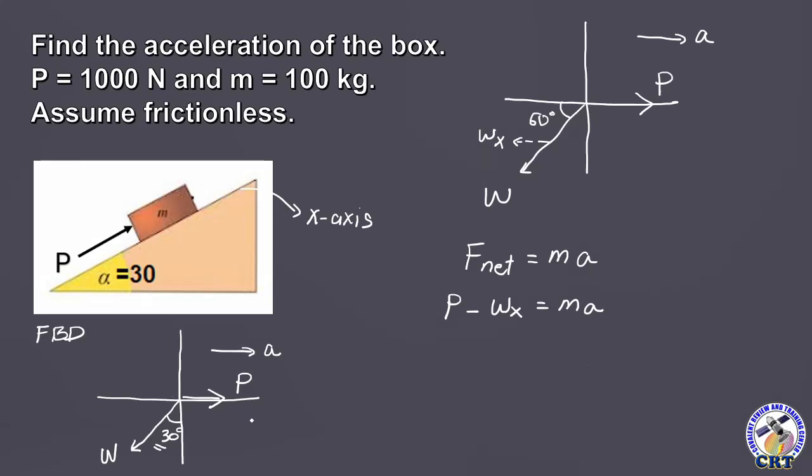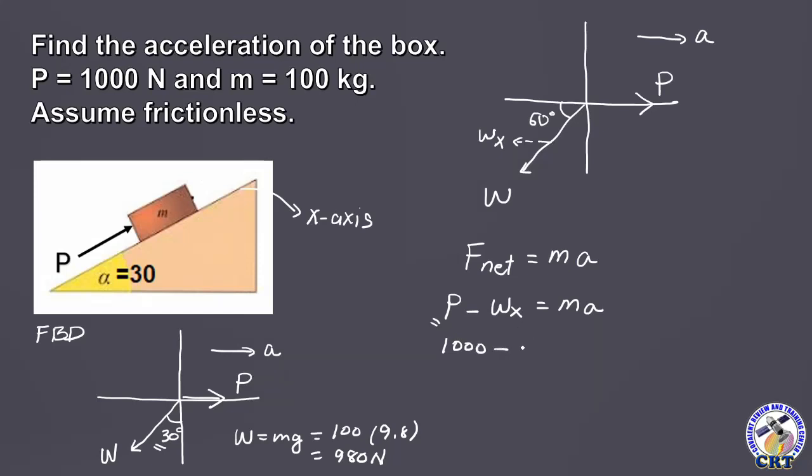So let us calculate the W in this side. W is mass times gravity. Mass is 100 kilograms and acceleration due to gravity is 9.8. So we have 980 newtons. For our substitution, here, P is 1,000.